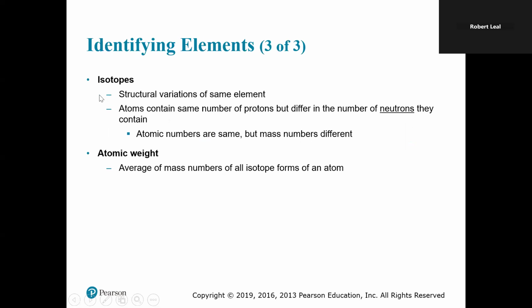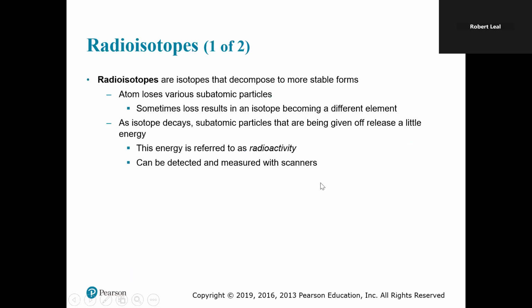So they're related to each other, but they differ in the number of neutrons, which means they have a different mass. And if you're going to take the weight of an element, you have to take into consideration the isotope's weight as well. Now, a radioisotope is a type of isotope that is giving off radiation because it's unstable. So as it's giving off radiation, it's trying to come down to a more stable form.